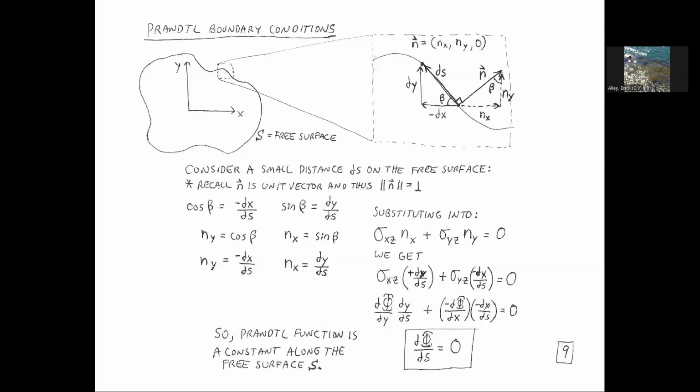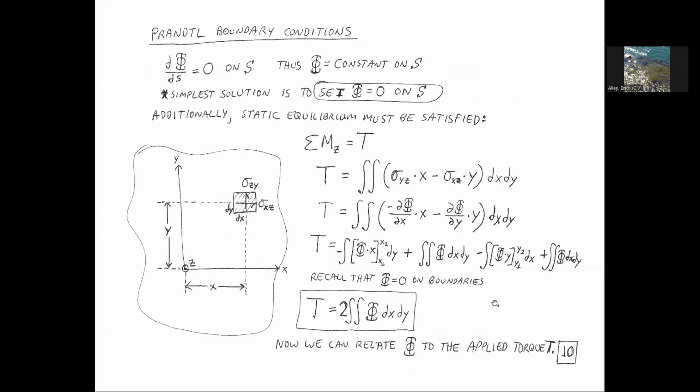Right? So we just need the same value all the way around the perimeter. So phi or Prandtl is going to be constant on S. The easiest constant number that I know of is 0, right? So let's say the simplest solution is going to be to set phi equal to 0 on that surface.